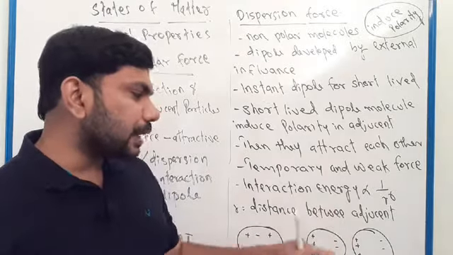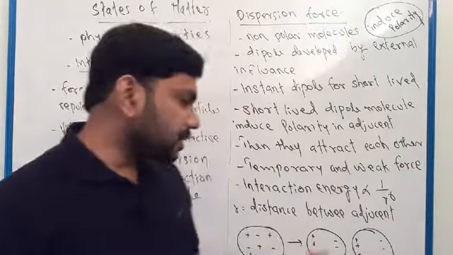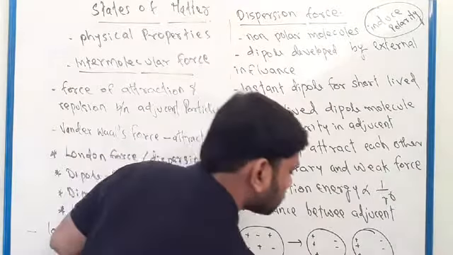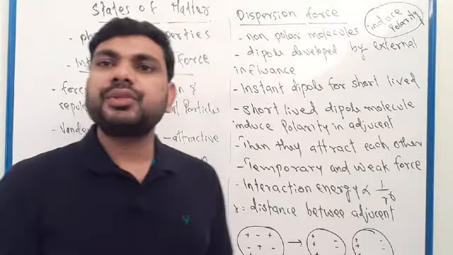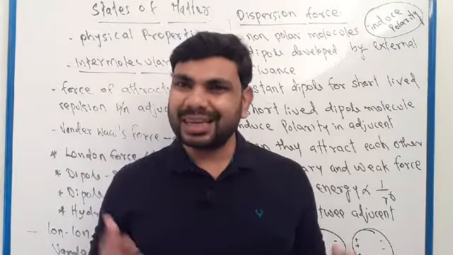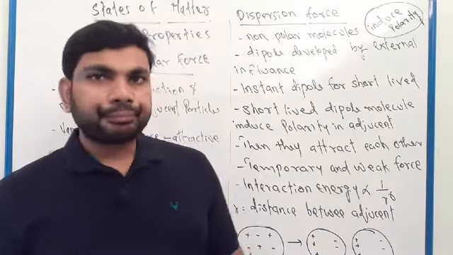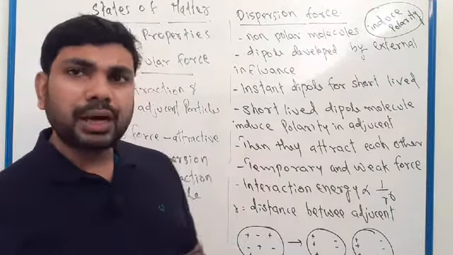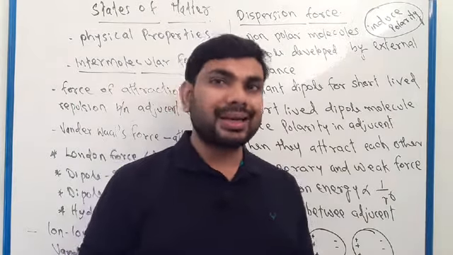And this type of attraction, these two temporary polar molecules will attract each other. This type of attractive force is called London force, or we can say dispersion force. So these are the things you have to understand about dispersion force or London force.